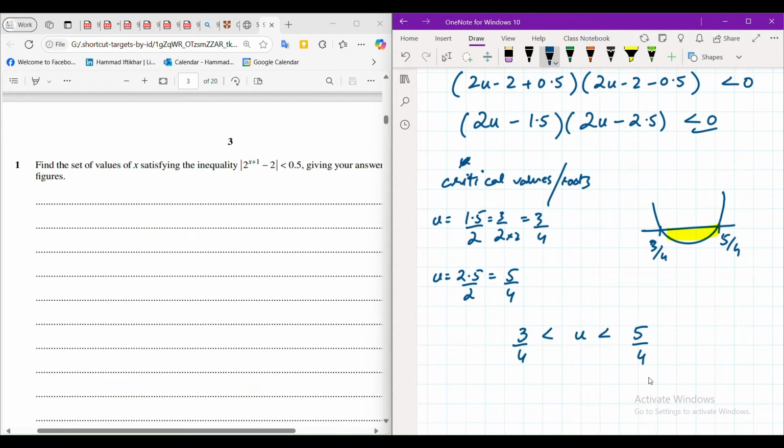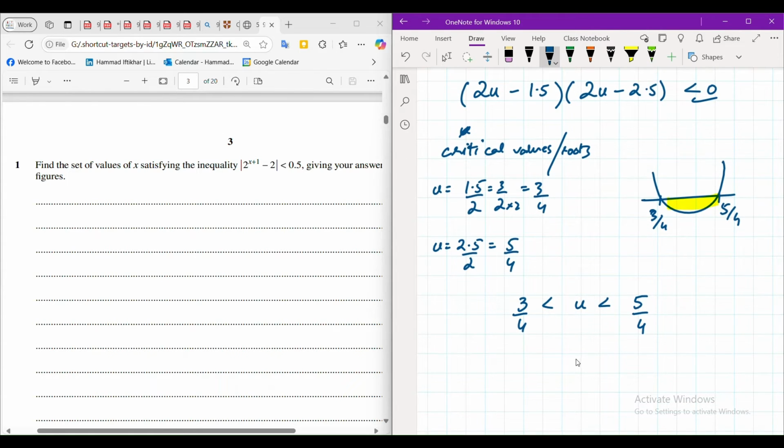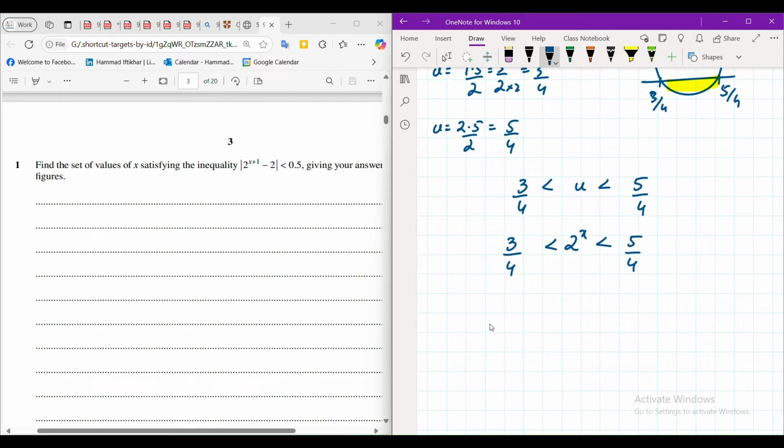Now u was 2 raised to power x. So it's 2 raised to power x that is in between 3 over 4 and 5 over 4. Now, the funny thing over here is that we can take log base 2 across this entire double-sided inequality, or any log. Ln could also be possible.